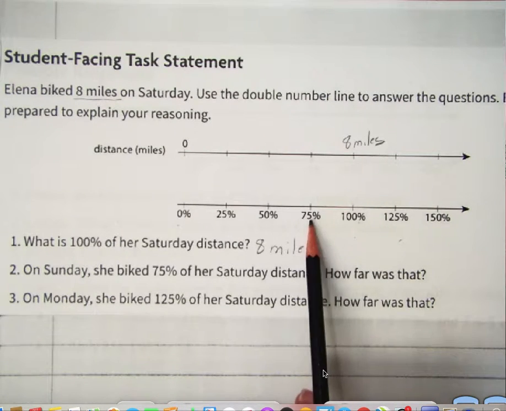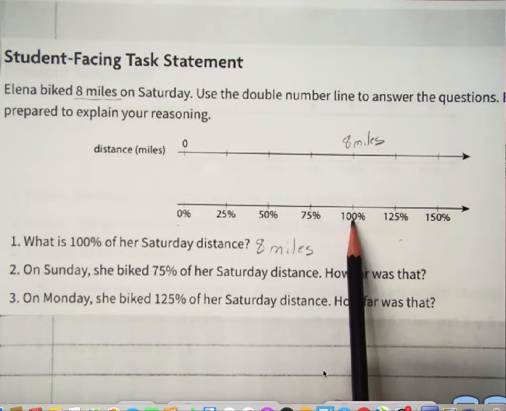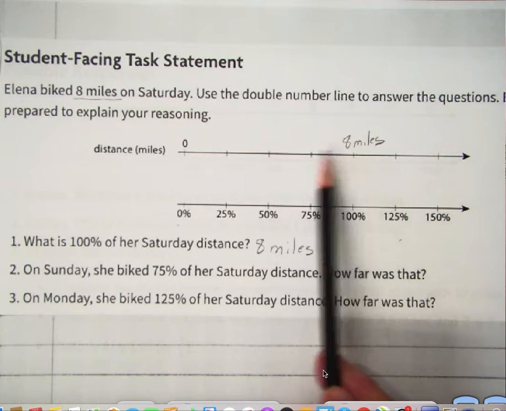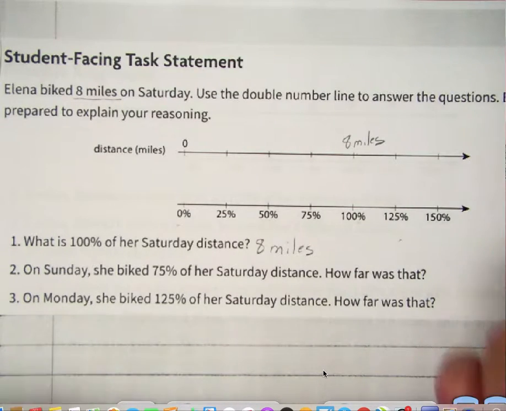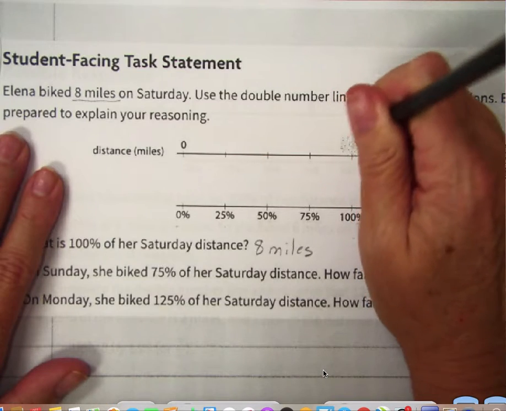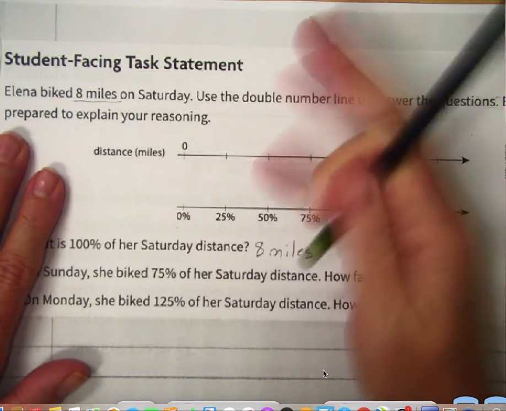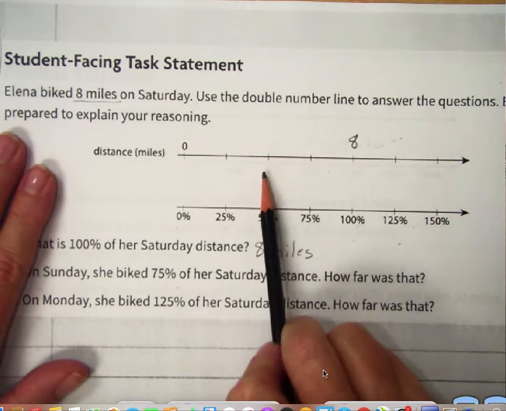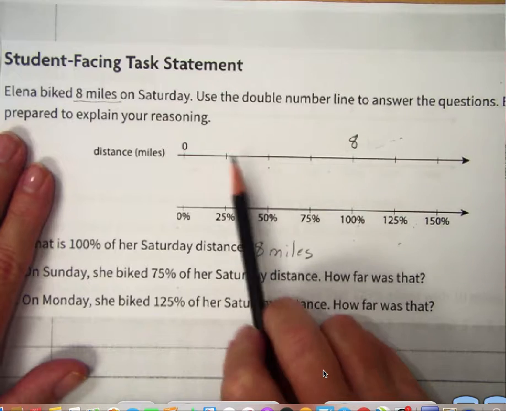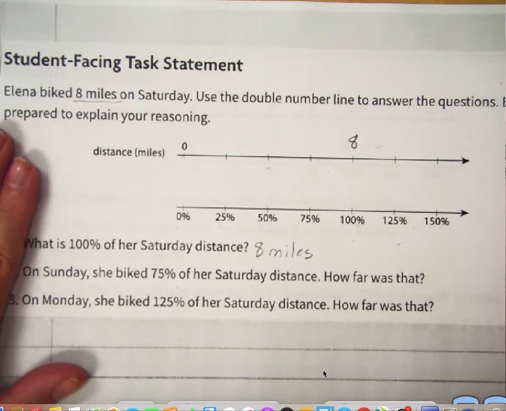So how are we going to break this down? Well, notice that this line down here is broken down by 25s. Am I going to break this one down by 25s? No, I can't, because my first one is 8. And this is why I have a pencil. Okay? This first one is 8. Well, isn't this tick mark halfway between 0 and 8? What number's between 0 and 8?